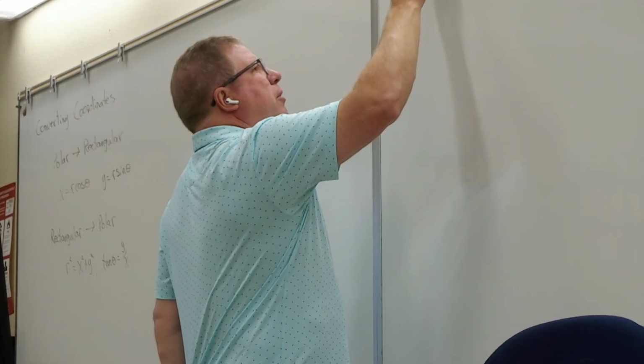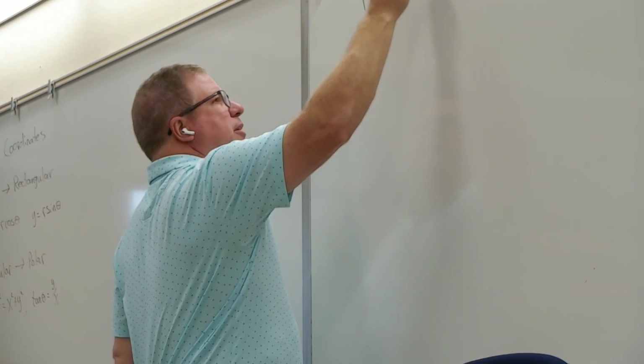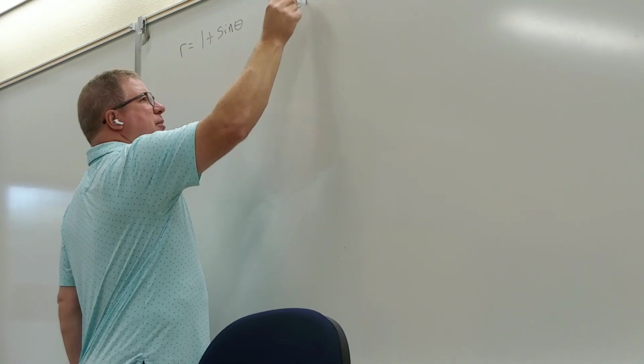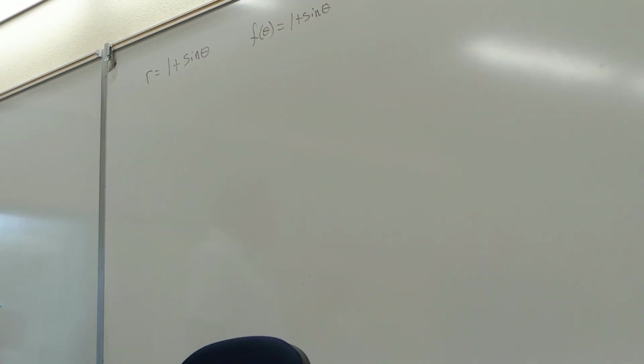Let's do r equals 1 plus sine theta. Now, sometimes in function form, they will write this as f of theta. That'll be your r. 1 plus sine theta. Sometimes you'll see it this way. Okay.